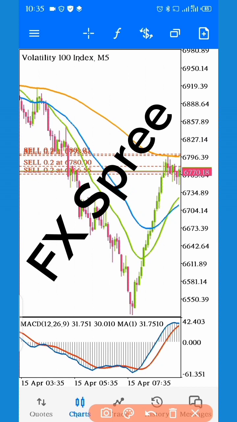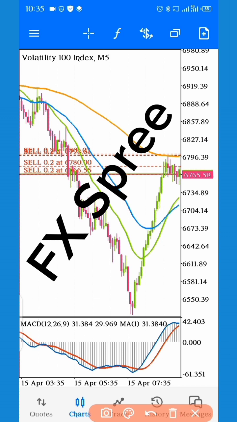Not only that, the 20 EMA as well, and you can see the gap between the 20 EMA and the 40 EMA as well. See the gap. And also the gap between the market movement and the 40 EMA. I'm just trying to make everything clear. That's why I'm taking it one by one.